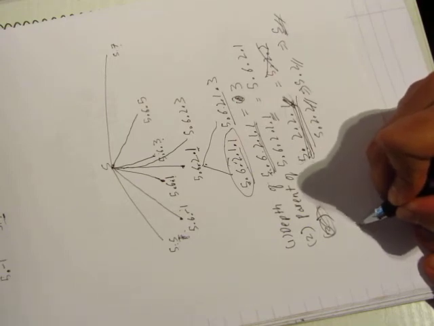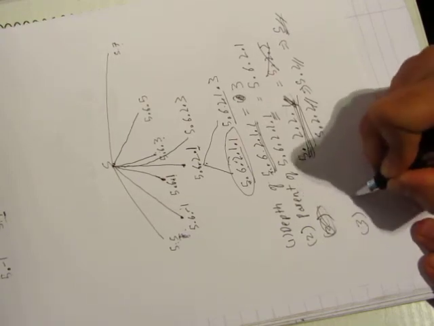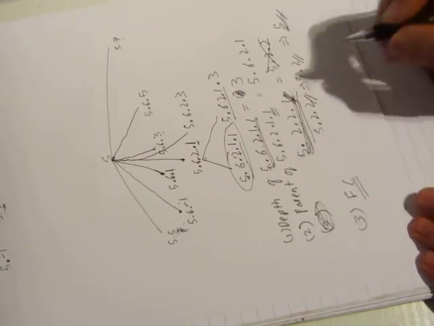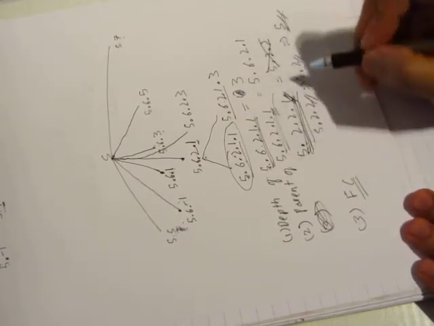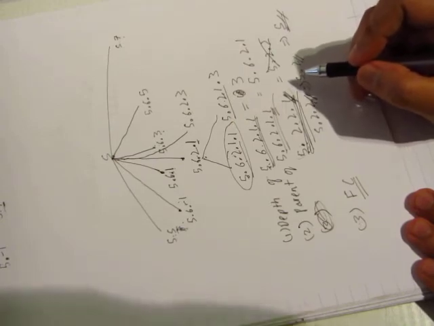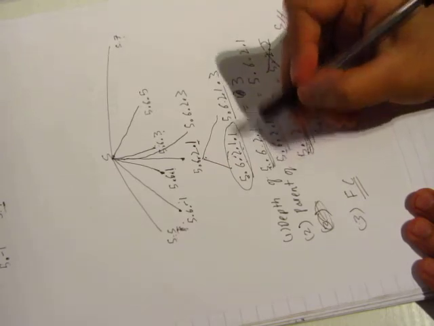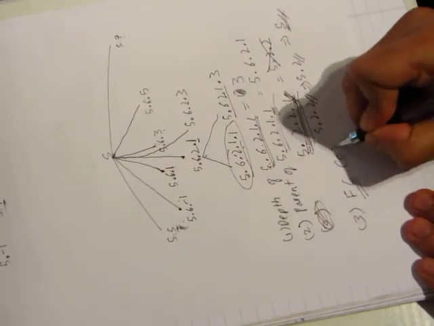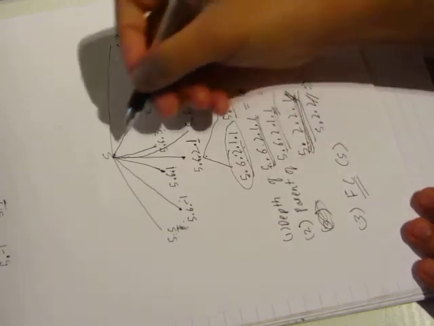And now let's try to find the first child. What is the first child of this node? Sorry, it's the last child, it doesn't have a first child. So let's find the first child of 5 itself, that is the root node.